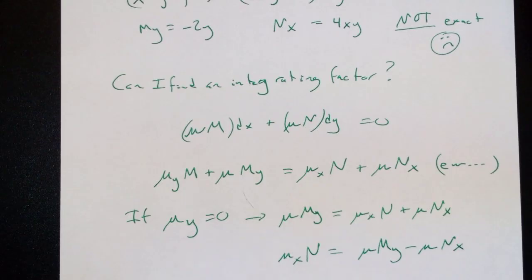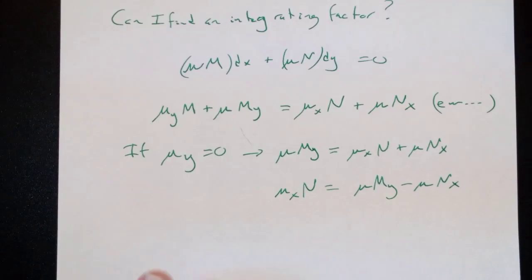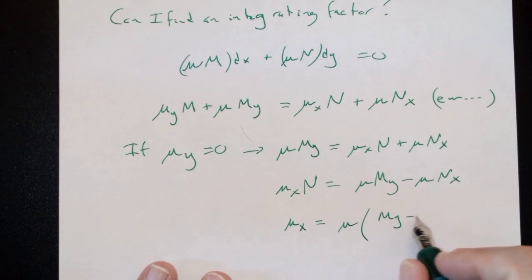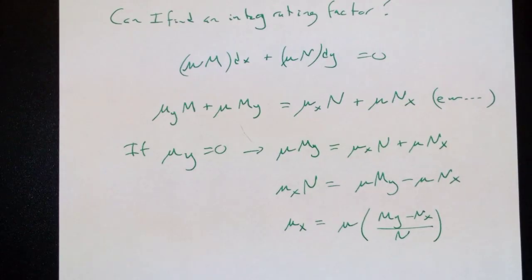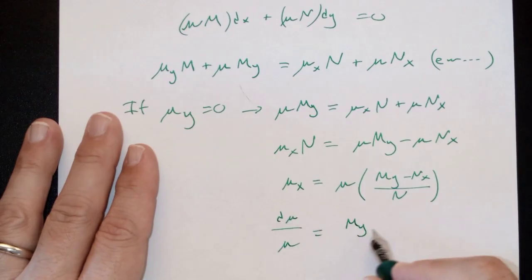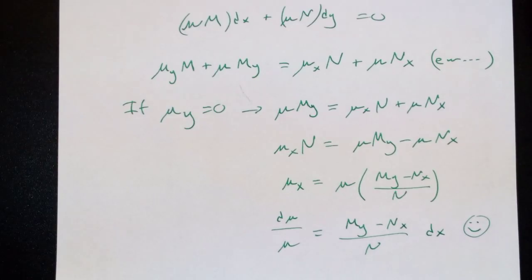Okay, wait a second. That's separable. I can write d mu over mu, and I put a dx over here. Which means I have an integrating factor.